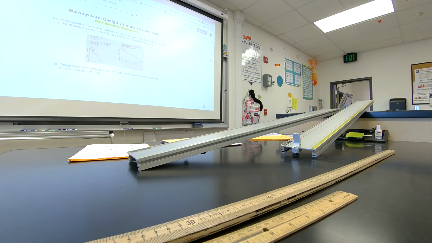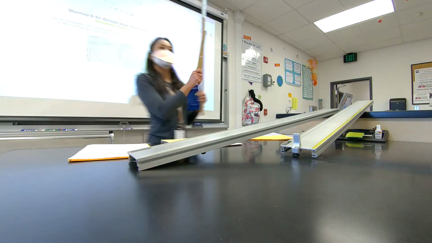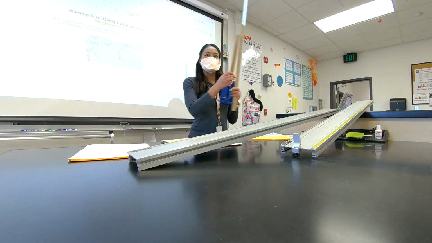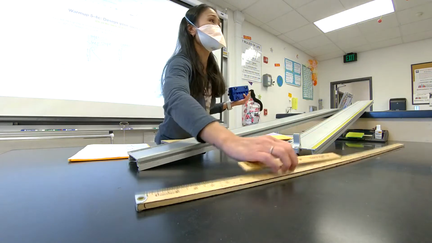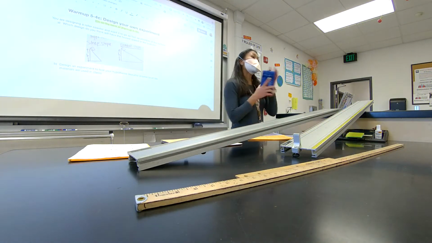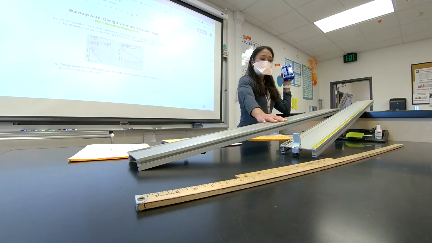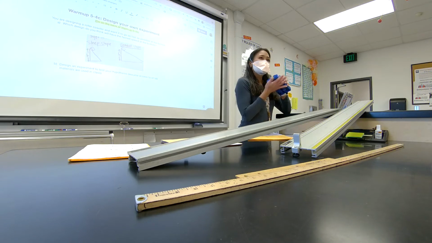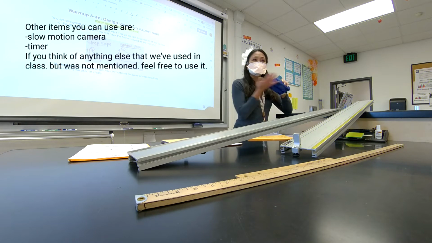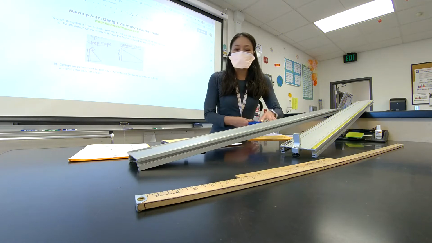And then obviously the very basic tools of rulers or anything else. If you decide that you want something else to include, these are pretty frictionless parts, and these tracks provide nearly frictionless motion, so you can think about those as well when you put this together.